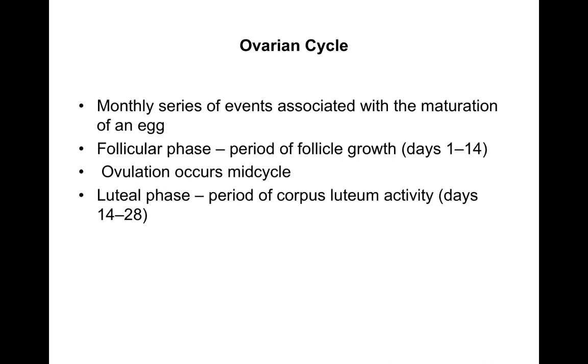Ovulation, in a perfectly synchronized ovarian cycle, takes place on day 14, and the luteal phase is between 14 to 28 days. So the ovarian cycle in total is of 28 days, starting with the follicular phase, which is 1 to 14. On the 14th day, there is ovulation, and then from 14 to 28 days, the luteal phase.